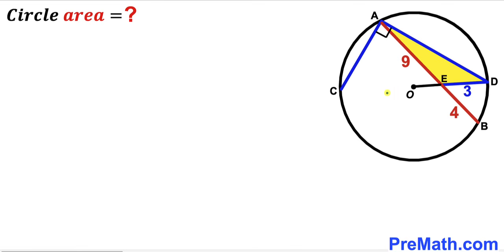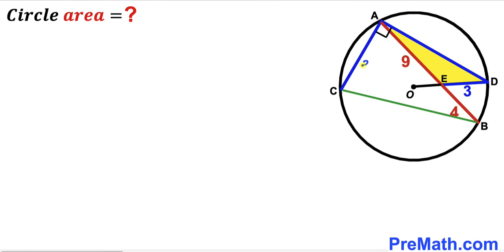So one of our options is to connect these points B and C, as you can see in this next step. And as a result, we end up with this triangle ABC, whose one of the side lengths is going to be 4 plus 9, which gives us 13 units.